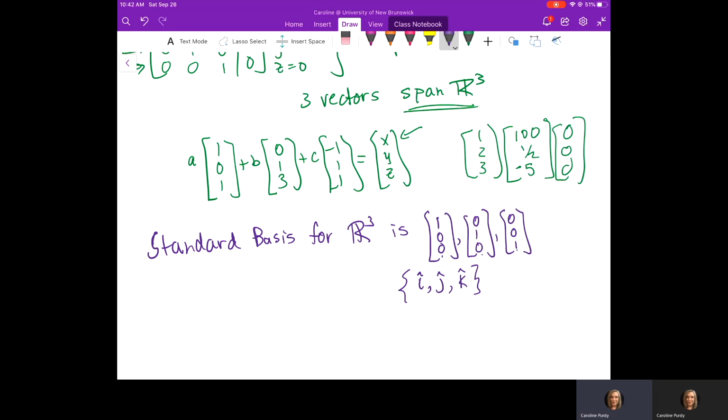They both span R3 and are independent. So that's the standard basis, but there are lots of other bases. And a basis, again, is like three vectors. If it's R3, it has to be three vectors. And they both span R3 and are independent.